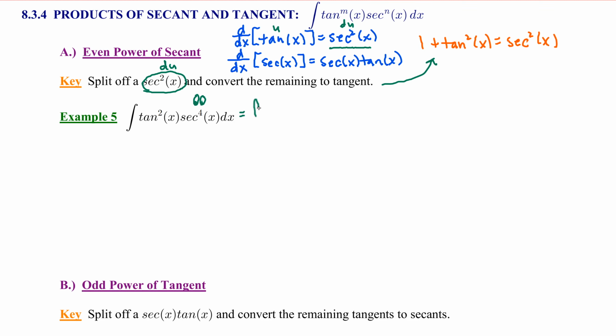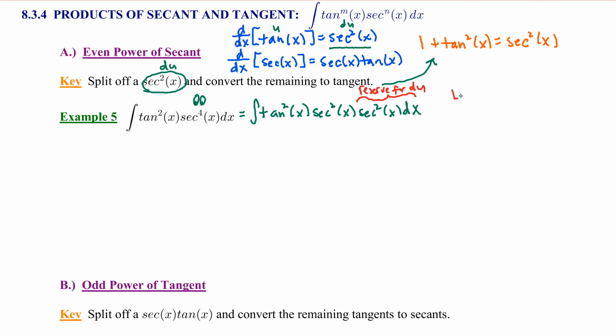So we're going to rewrite this first as the integral of tangent squared of x times secant squared of x, secant squared of x dx. Now I'm going to reserve this last factor for du. If that's du, then we know that u is going to be tangent.